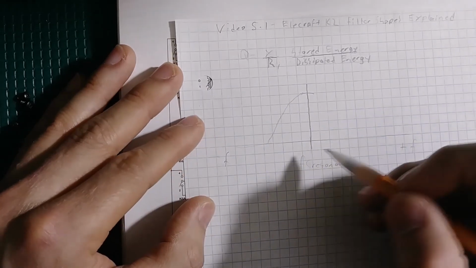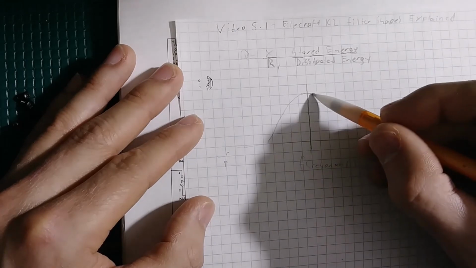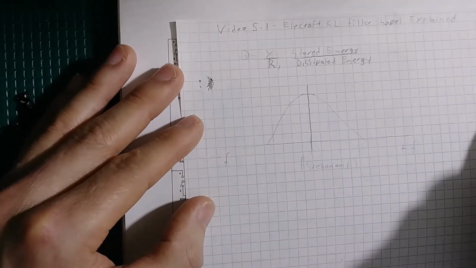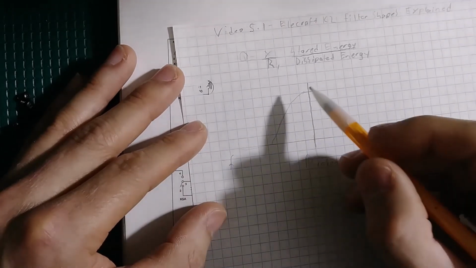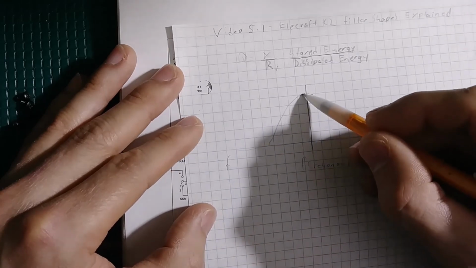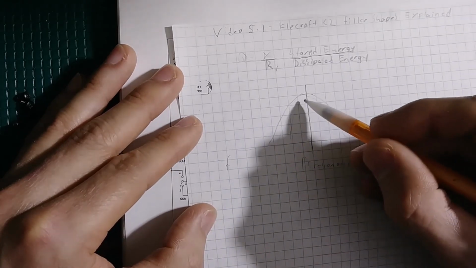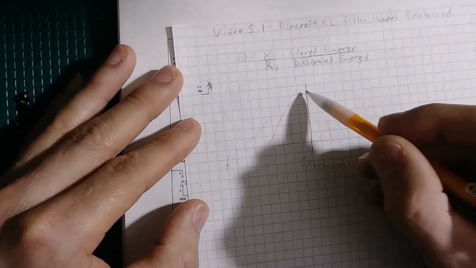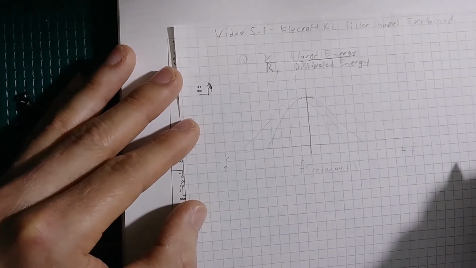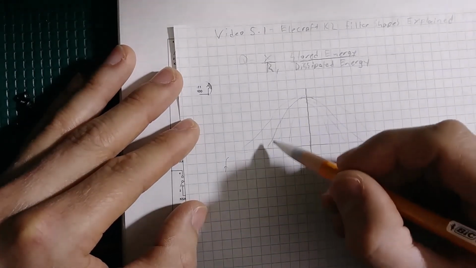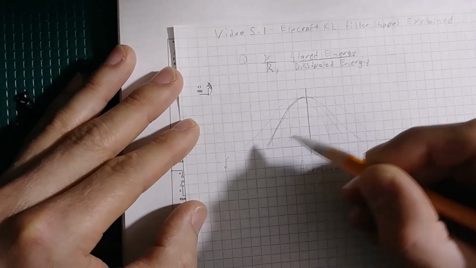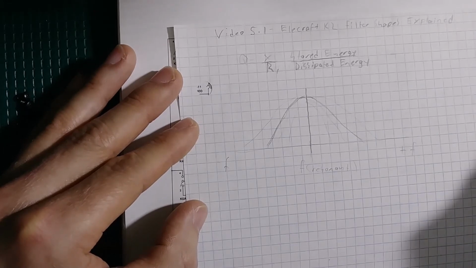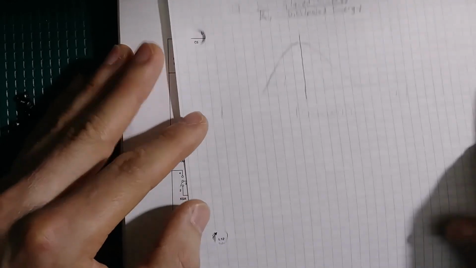And as you go down in frequency, you're going to have some signal attenuation. As you go higher in frequency, you'll also get attenuation. And going back to that Q factor, the higher this is, the more narrow that frequency response gets, and the opposite too. The worse that quality factor is, or the lower the value is, the more broad this frequency response is going to get, both above and below the resonant frequency. And again, I'm not going to put numbers to this right now, it's just a pictorial.